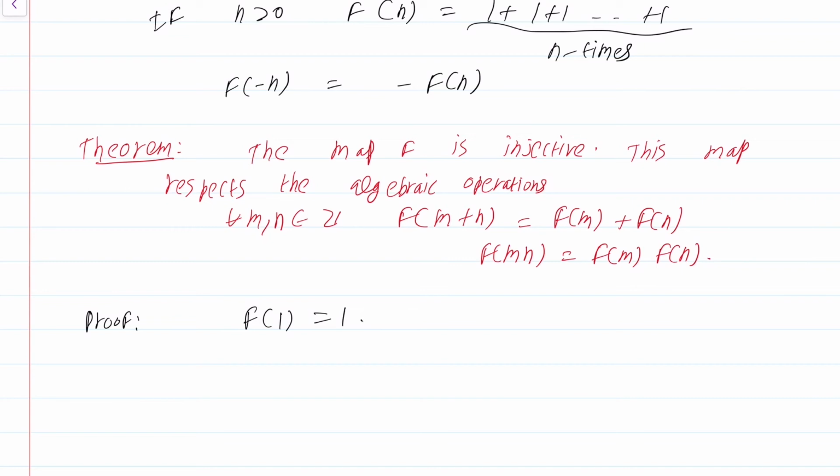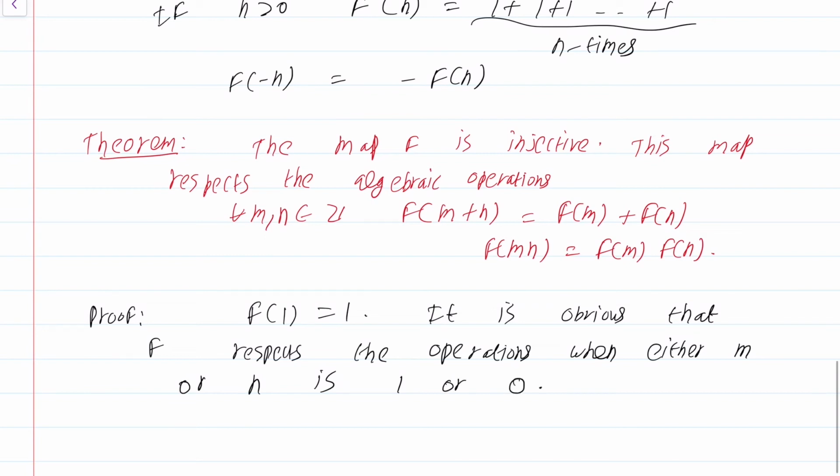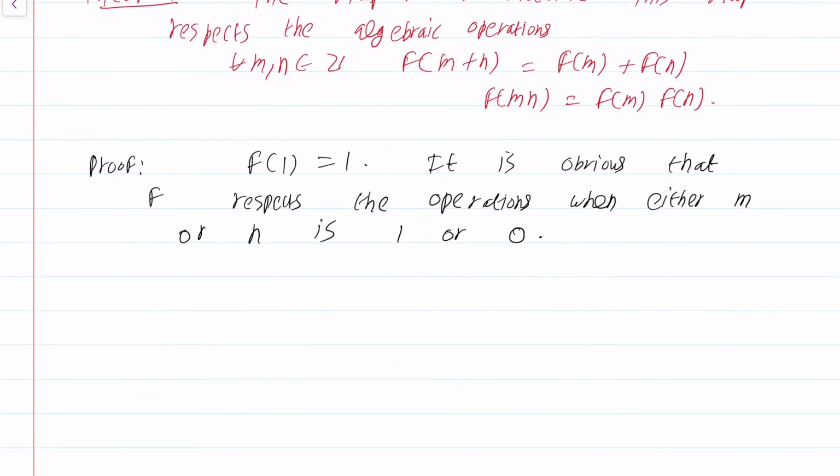So because f of 1 is 1, it is obvious that f respects the operations when either m or n is 1 or 0. Just check that when you have either m or n to be 1 or 0, then it is obvious that the operations respect the algebraic structure. Okay.